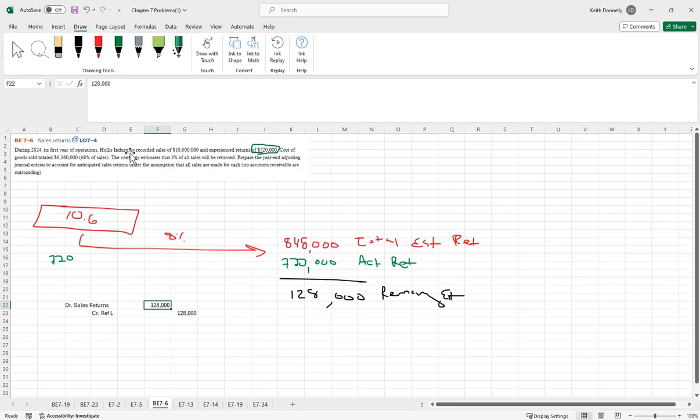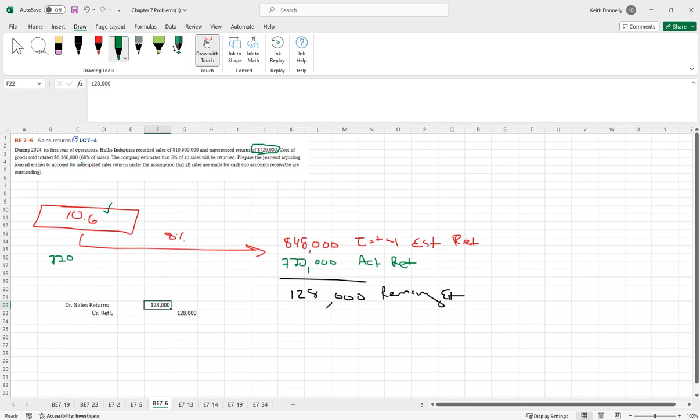And likewise, whenever we made these sales, you do debit accounts receivable, credit revenue. We also got the inventory off the books: we did debit cost of goods sold, credit inventory. Now, because we have this estimated amount, we have to reverse some of that with a placeholder account.